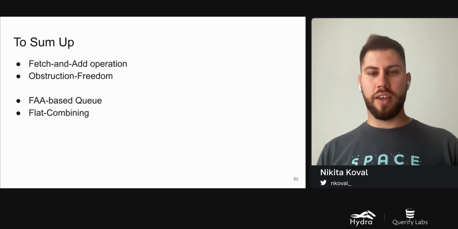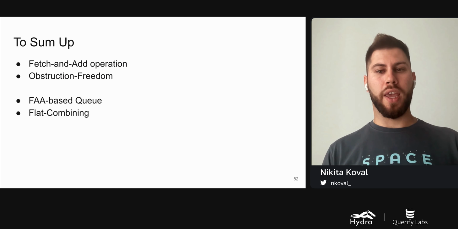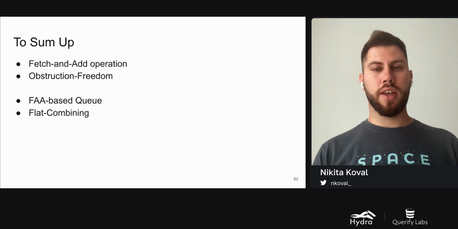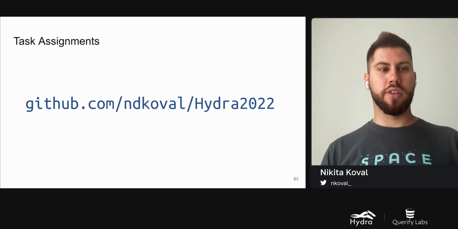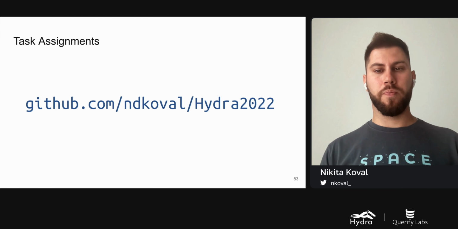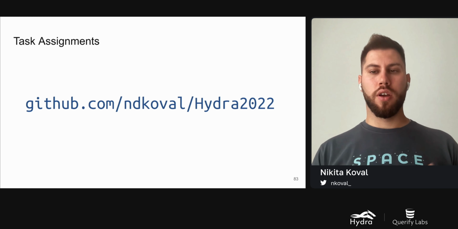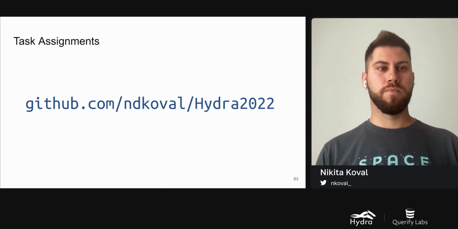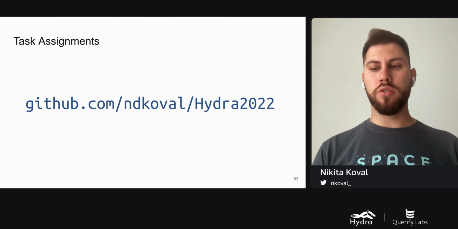And we also discussed the flat combining technique, which can be used to make any sequential data structure concurrent. And as in the previous talk, I also prepared some tasks so you can implement the queue and the flat combining if you go to this repository. So that's it for now.